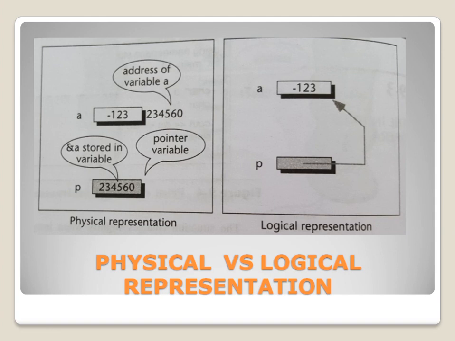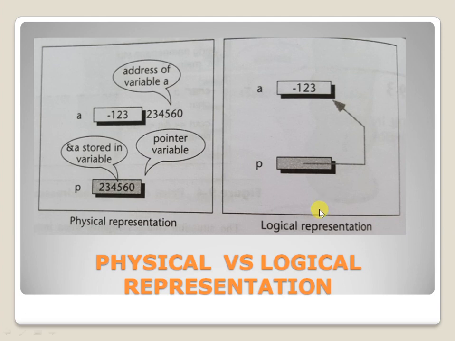Just imagine that right now it's a simple variable and it is storing an address. Since you all know that addresses are stored by a pointer, you can think of this variable as the pointer variable. So this pointer variable is holding 234560 as the value in itself.